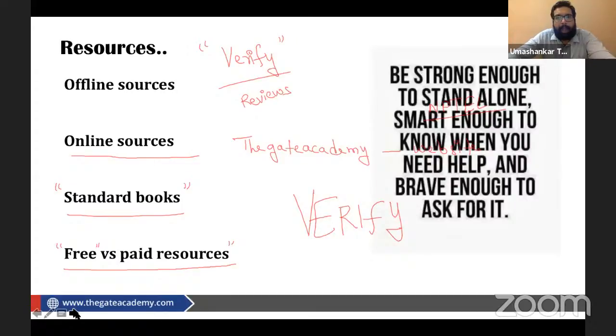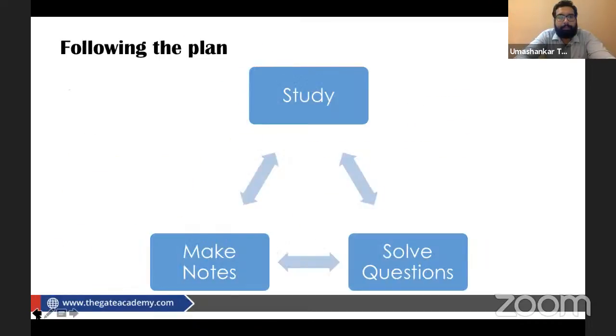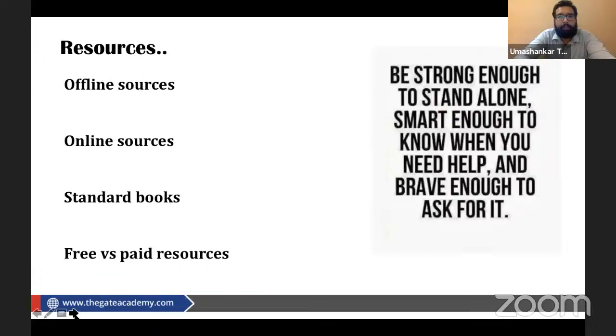Please read what I have written here. Beta, when we are looking for resources, always read this: be strong enough to stand alone, smart enough to know when you need help, and brave enough to ask for it.